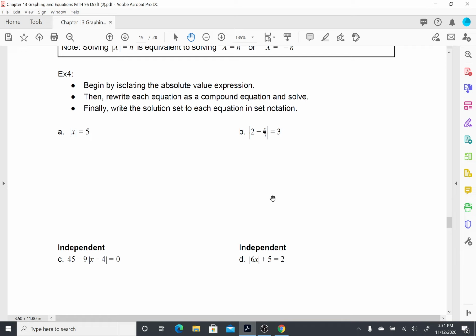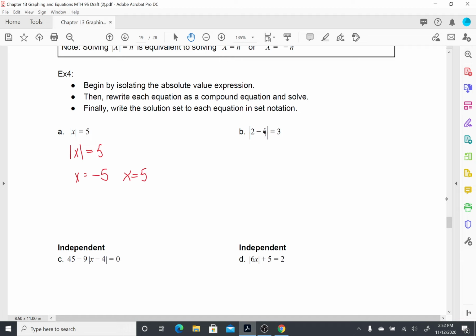Now with this first one, it's pretty straightforward. There are 2 x's that could equal 5, 2 inputs. So we can allow x to equal negative 5, and we could allow x to equal 5.